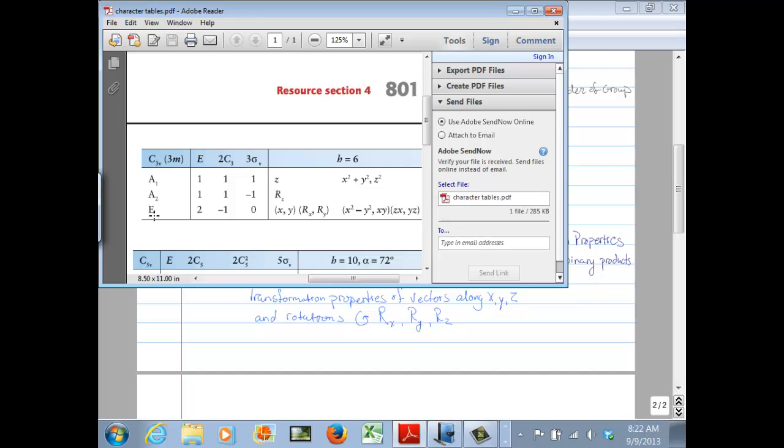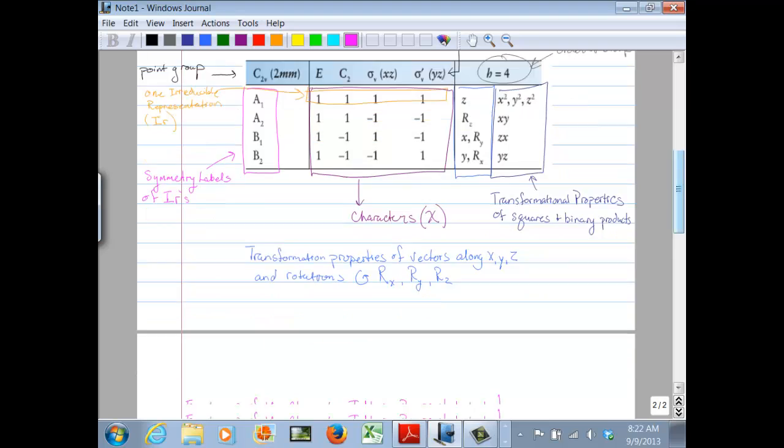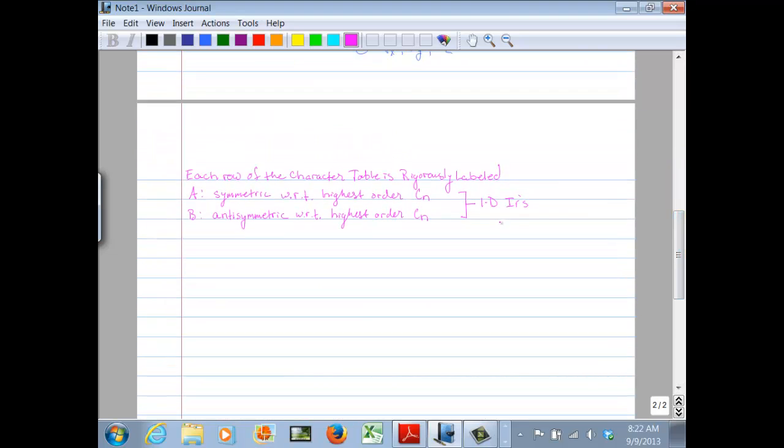So that's what we call a two-dimensional irreducible representation, whereas A2 for this one only has one thing. It has z up here, and it has these two here, but none of them are in parentheses. So z, x squared, y squared, and z squared all transform independently as A1, whereas x and y both transform together with E symmetry. So anytime you have an A or a B, you have one-dimensional IRs.